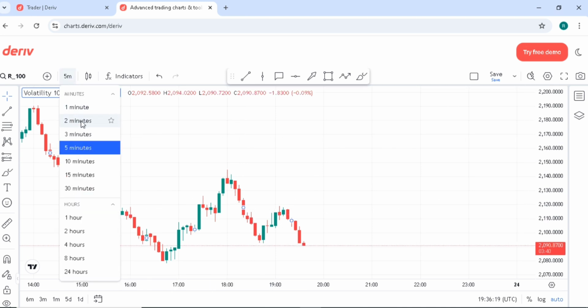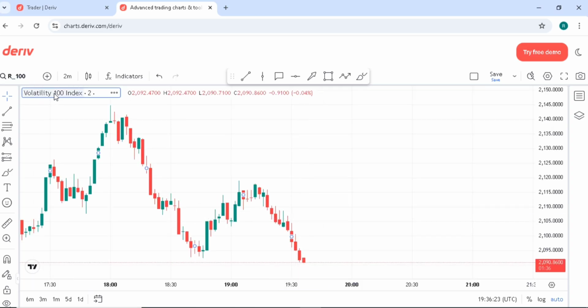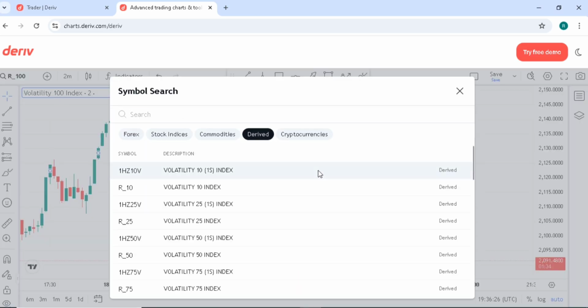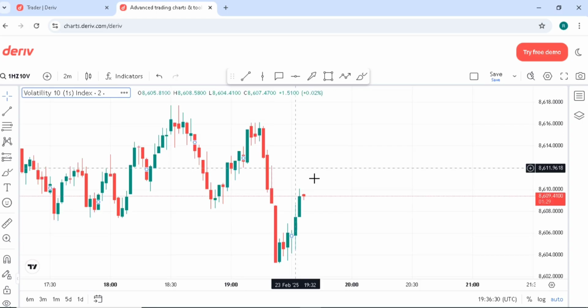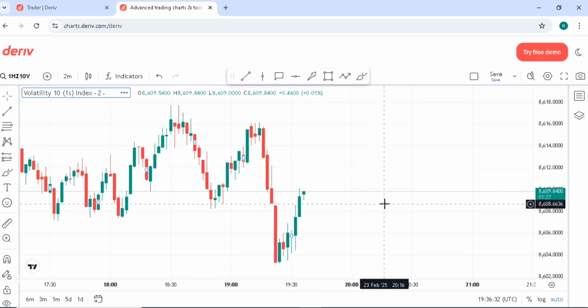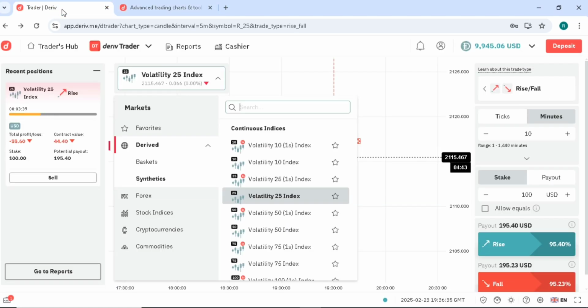Let's change the time frame to 2 and see whether we can get a market very fast. I really want to show you the morning and the evening star. We just talked about it theoretically.